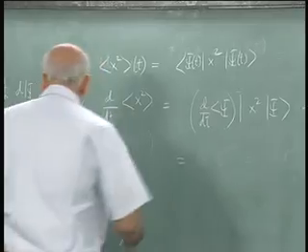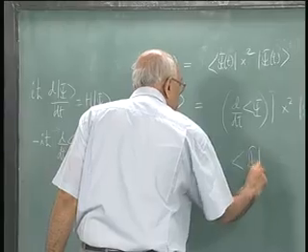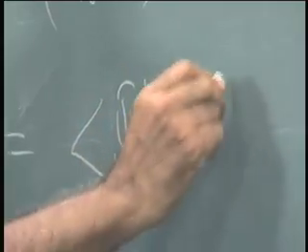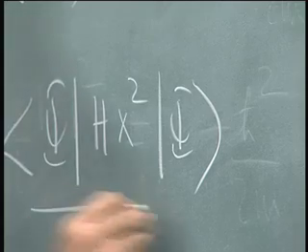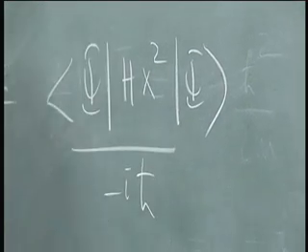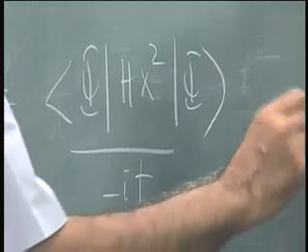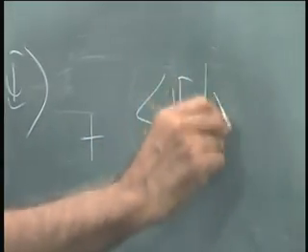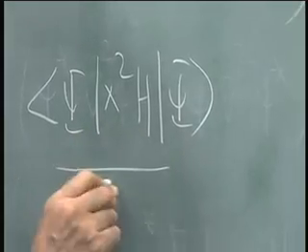So this is equal to psi H x squared psi, but that was with a minus i h-bar, so let us put the minus i h-bar downstairs in this fashion, plus psi x squared H psi, and there is an i h-bar here.